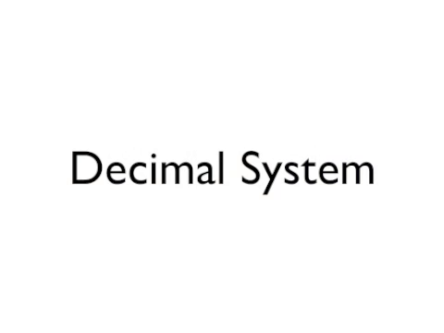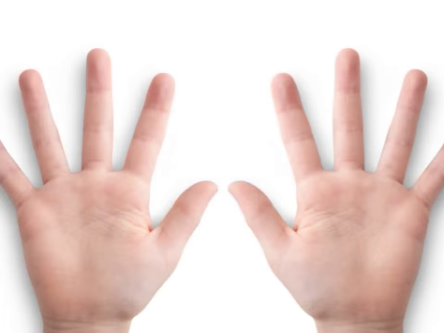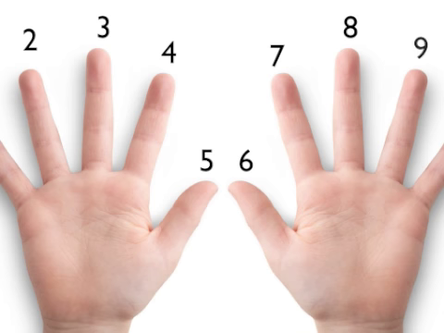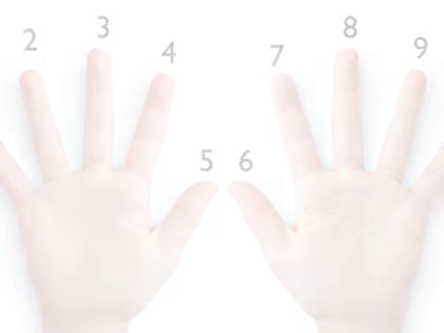And we have what's called a decimal system. And the decimal system means that all of our numbers are based around those 10 digits, which match up perfectly with our 10 fingers. So 10 is a really, really important number in our maths system.